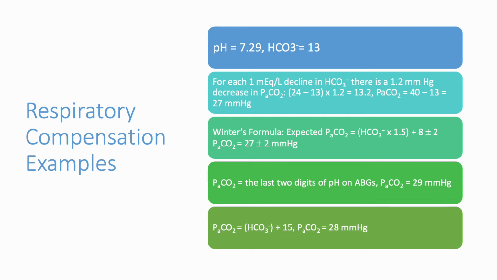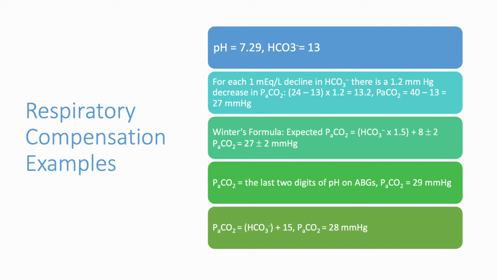We multiply that by 1.2, and the decline in PaCO2 should be by 13. A normal value is considered 40, so 40 minus 13 is 27. All these are approximations. If the PaCO2 is, say, 40, then you have respiratory acidosis.